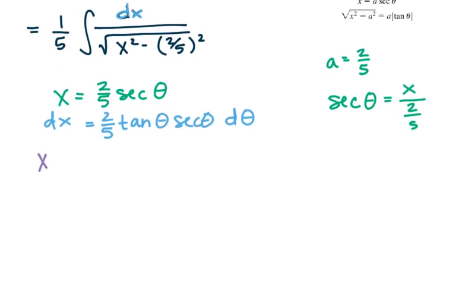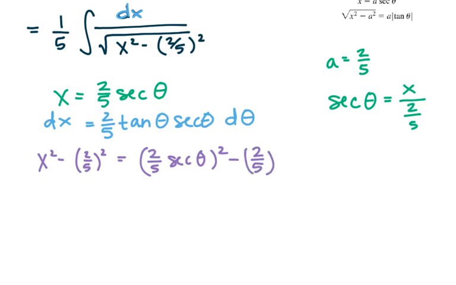So x squared minus 2/5 squared, well, that's the same as 2/5 secant theta squared minus 2/5 squared, or 4 over 25 secant squared theta minus 4 over 25.